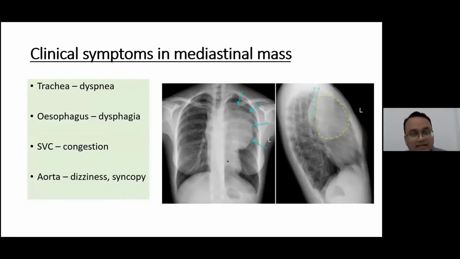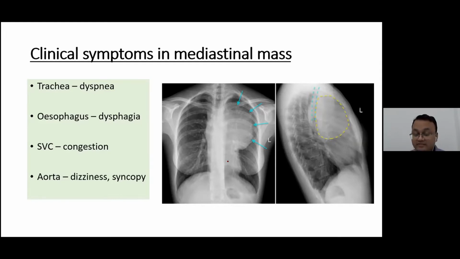Clinical symptoms of mediastinal mass. If someone has a mediastinal mass, knowing those structures is important because it can give you a clue if the patient complains of certain things. You know that the trachea lies in the superior mediastinum. What will happen if there's a mass compressing it? The patient complains of dyspnea. Esophagus, the patient complains of dysphagia.